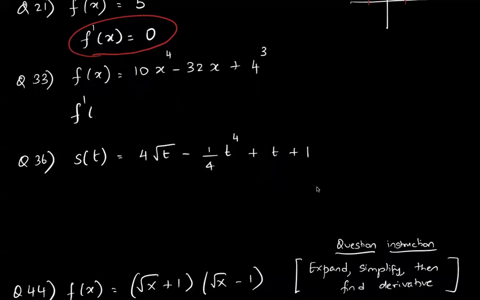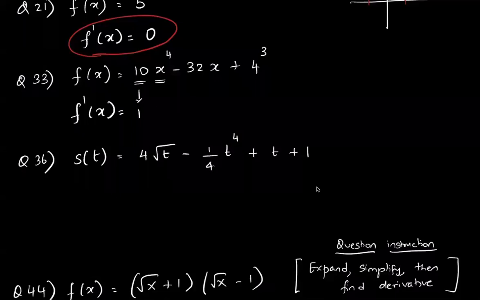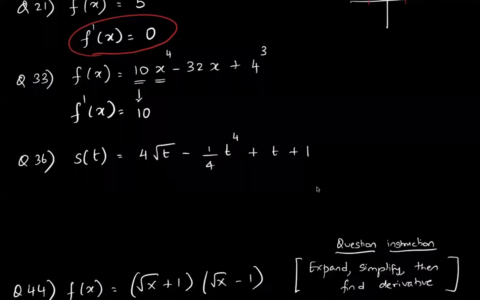So f prime is nothing but, we use the constant multiple rule, which means if you have this variable multiplied with this constant, and you're taking the derivative of that, bring the constant down as is, don't touch it, then apply the power rule to x to the power of 4. So if you apply the power rule, it becomes 4x to the power of 3, okay?